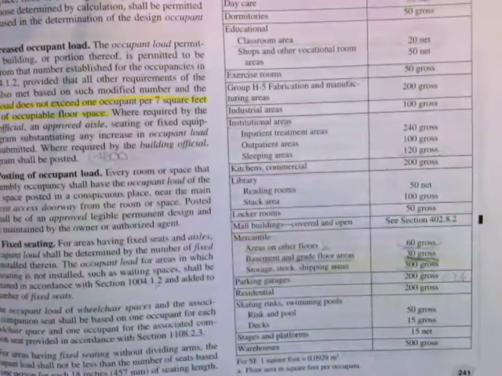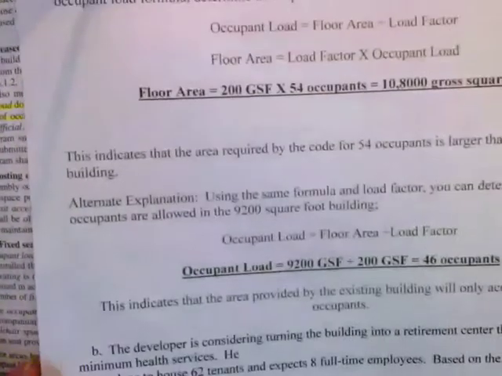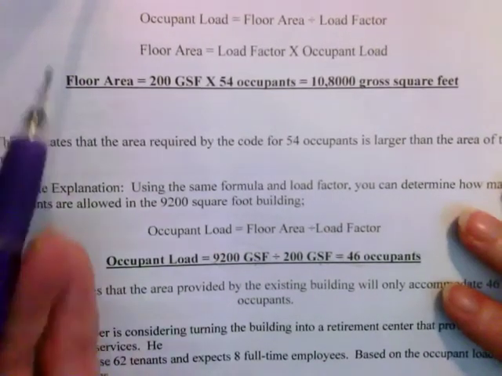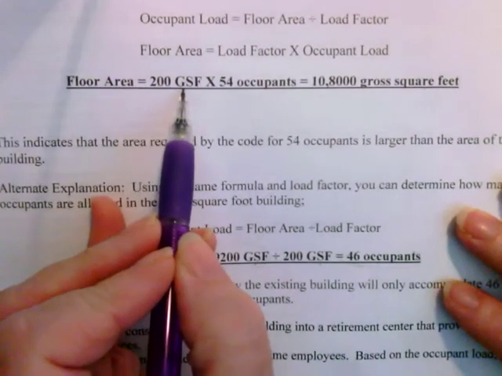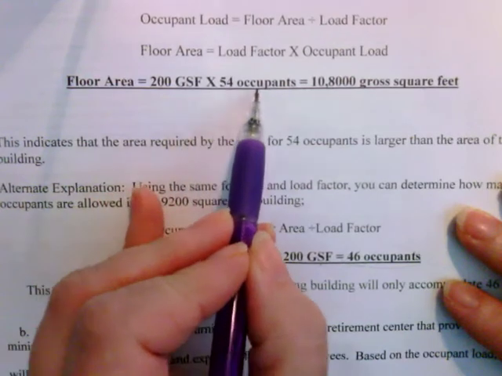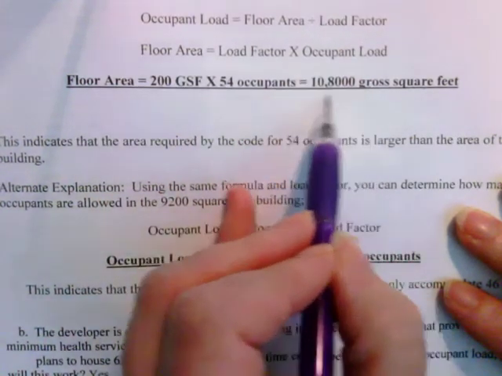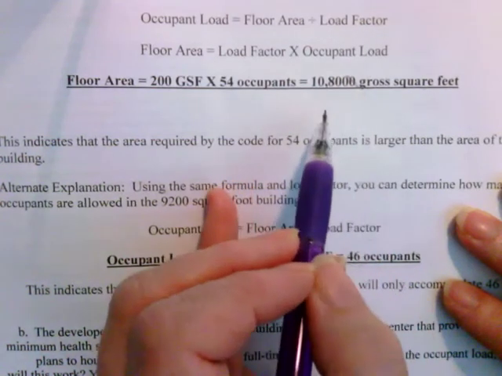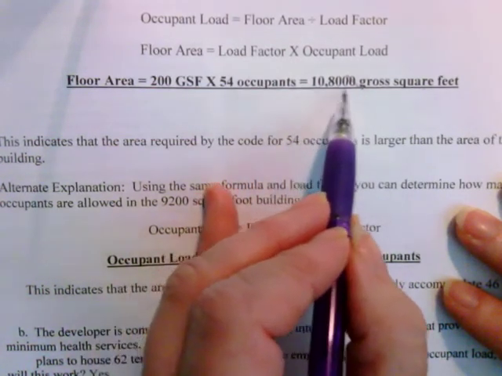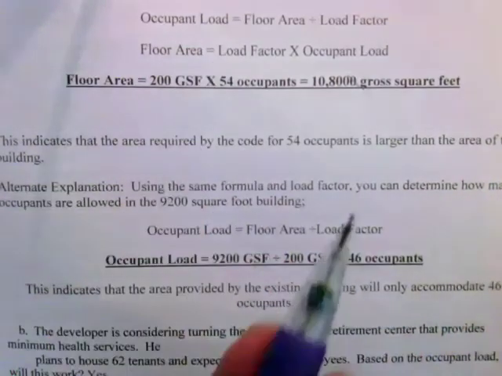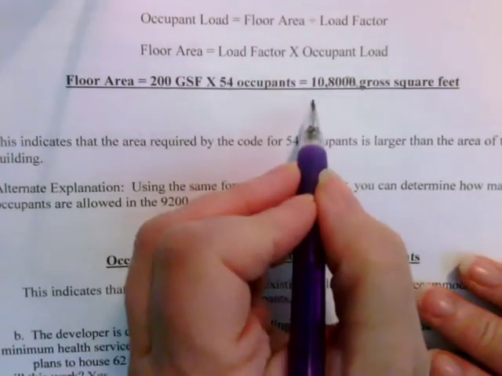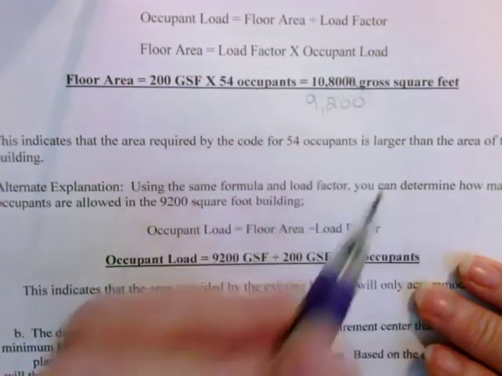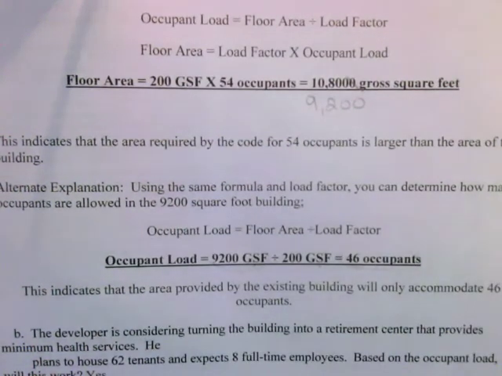So I've got to go back and use the formula. 200 gross square feet times 54 occupants is 10,800. Oops, messed that up. 10,800. But how much do we have? We only have 9,200 gross square feet. So it wouldn't work.